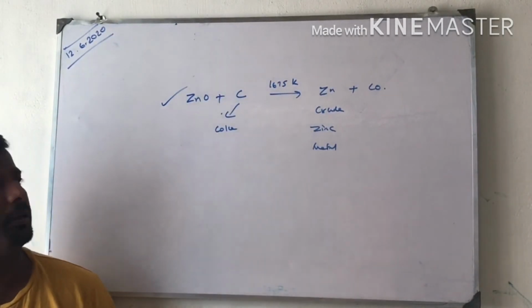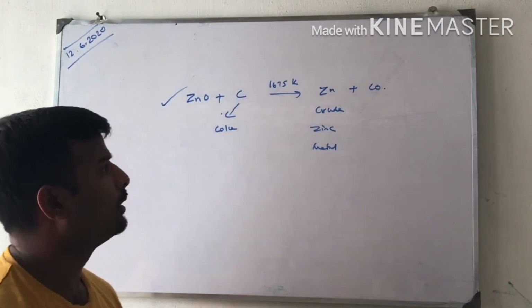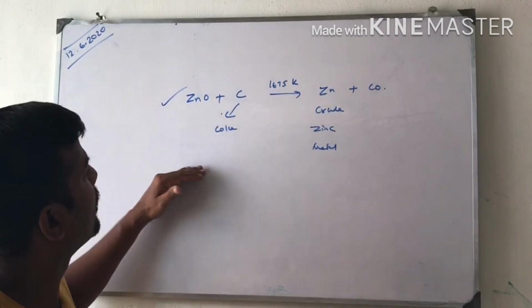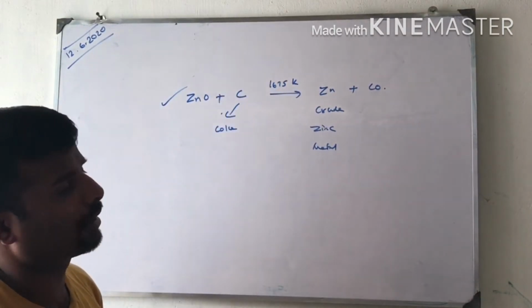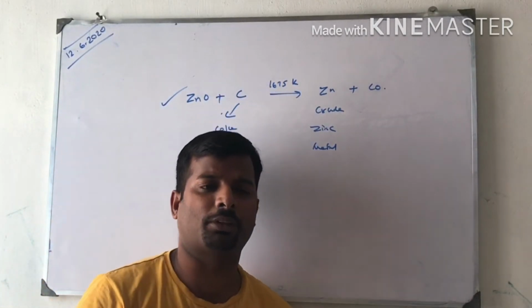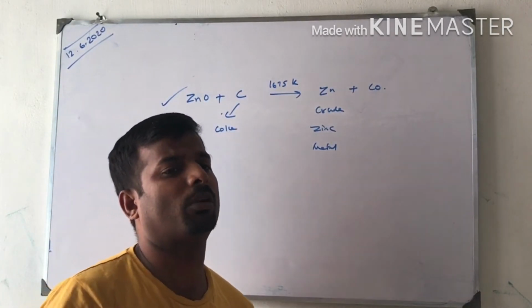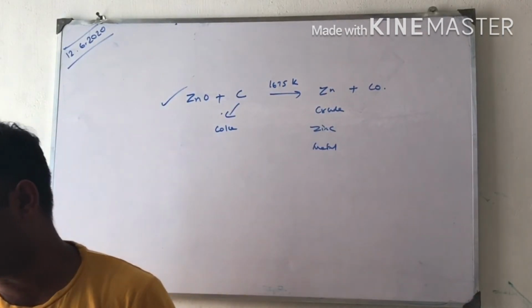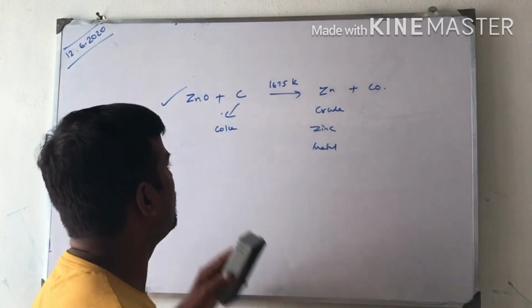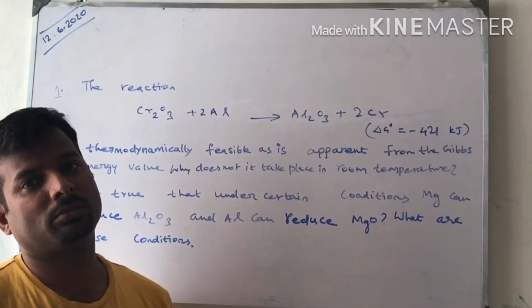Zinc oxide is reduced by a suitable reducing agent. Zinc is present in the middle part of the Ellingham diagram, so the temperature is higher, but copper is present at the top. So for reduction, copper needs a lower temperature. This is the easiest method. The same type of diagram is applicable for zinc reduction also.